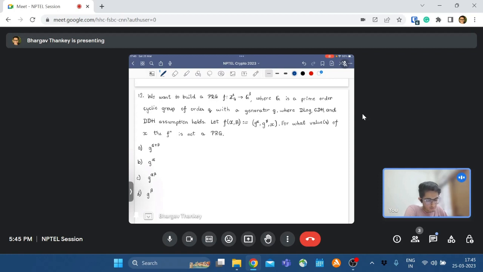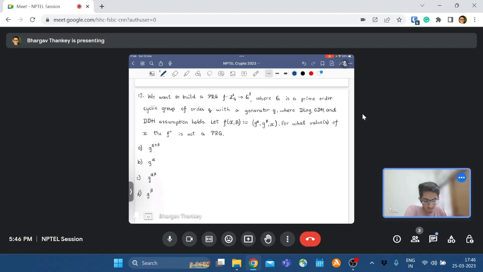And in this group, D log, CDH, and DDH assumptions hold. Then let f of alpha comma beta be defined as g to the alpha, g to the beta, and x. So for what values of x is the function not a PRG?